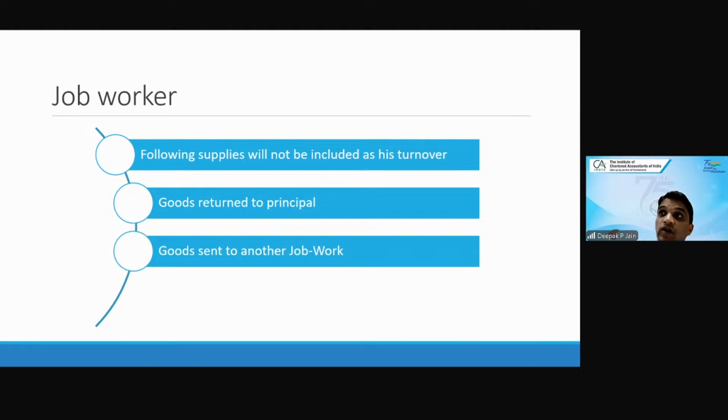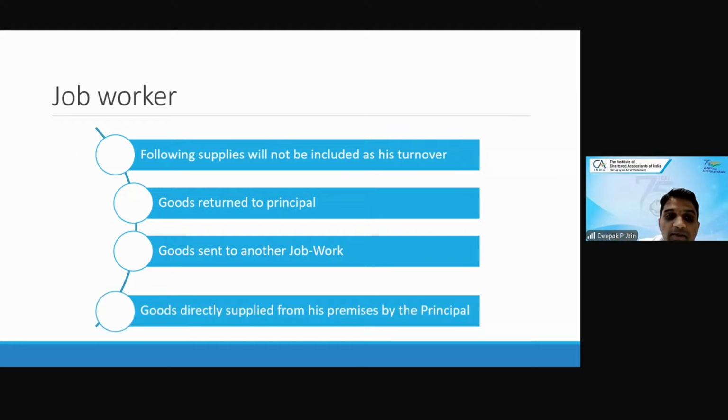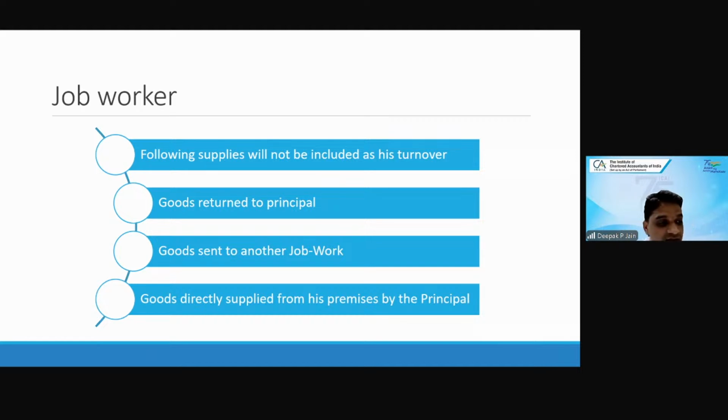Then goods sent to another job worker. So anything moving out from a job worker's premises, is that his turnover? No. He can supply the goods back to the principal, he can supply the goods to another job worker, or he can supply the goods directly to the customer. Still, it will not be included because this is not his supply. This is all the supply of the principal.